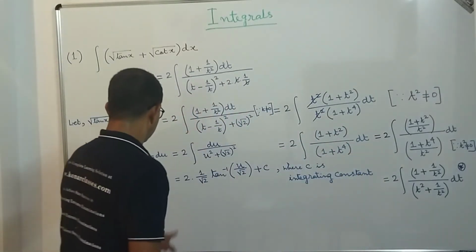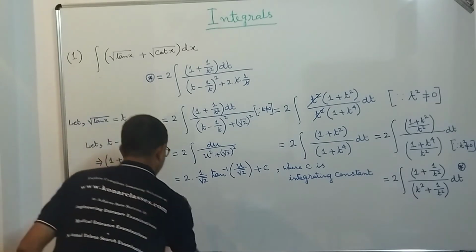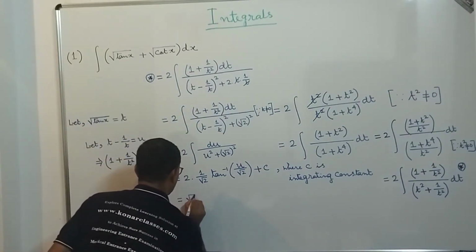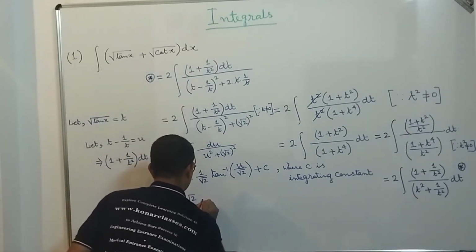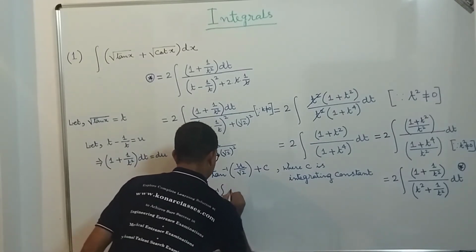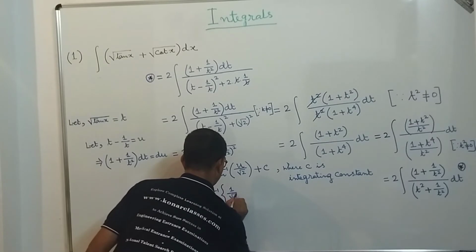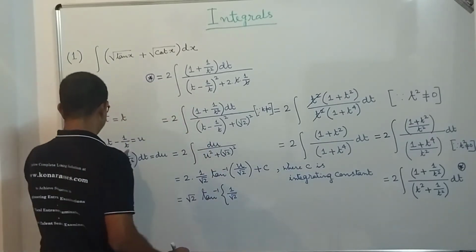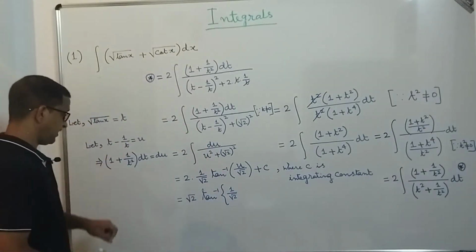So 2 into 1 by root 2 becomes root 2, into tan inverse of 1 by root 2 into u. What is u? u is equal to t minus 1 by t.